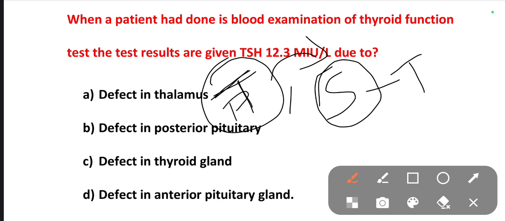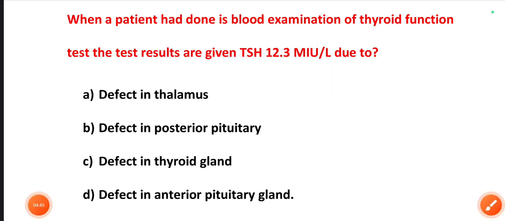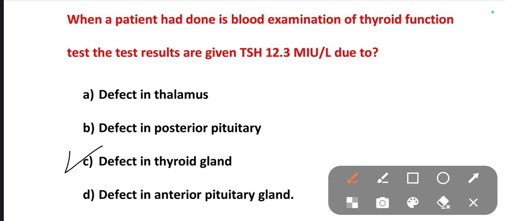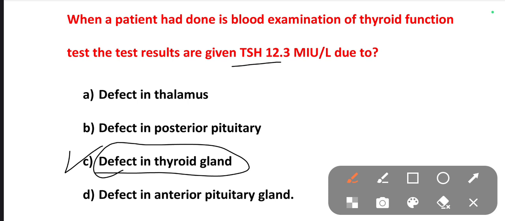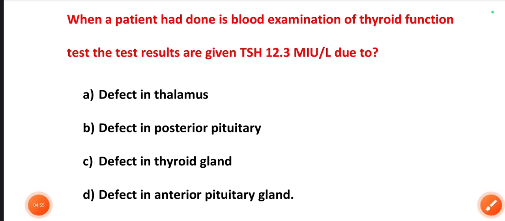When the thyroid gland secretes sufficient thyroxine hormone, it will be normal. When the thyroid gland is not producing sufficient thyroxine hormone, the pituitary gland continuously secretes the thyroid stimulating hormone. So the right answer is option C. There is a defect in the thyroid gland. Then only the thyroid stimulating hormone will be higher in the patient.